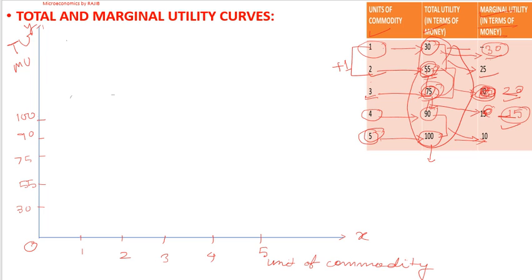For the first unit our total utility is 30. I'm sorry, I need to erase this. Let me take the eraser.